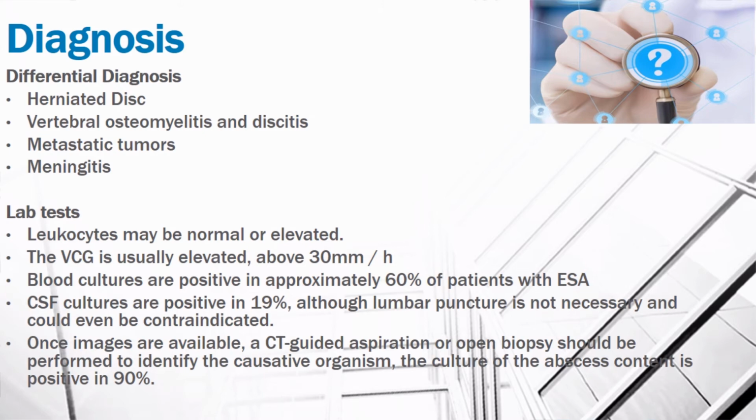CSF cultures are positive in 19%, although lumbar puncture is not necessary and could even be contraindicated. Once images are available, a CT-guided aspiration or open biopsy should be performed to identify the causative organism. The culture of the abscess content is positive in 90%.